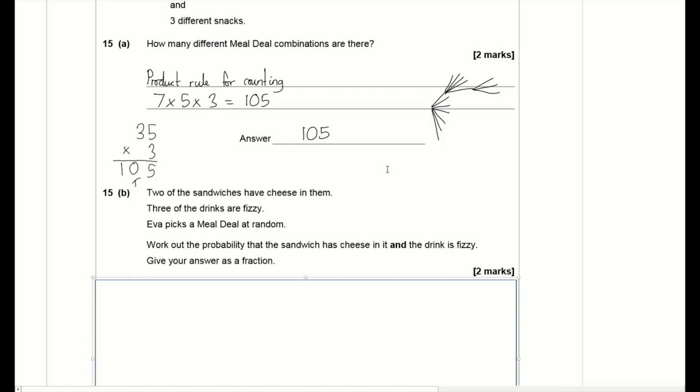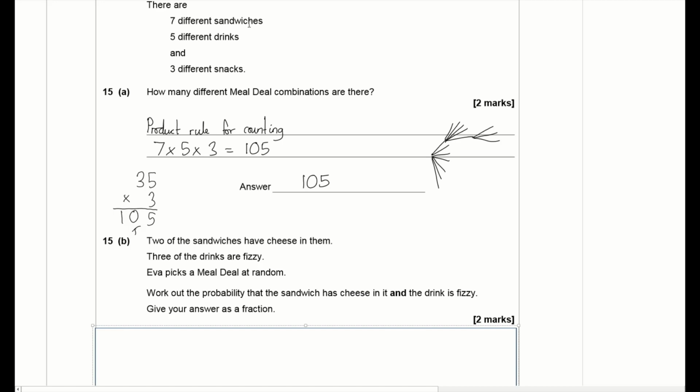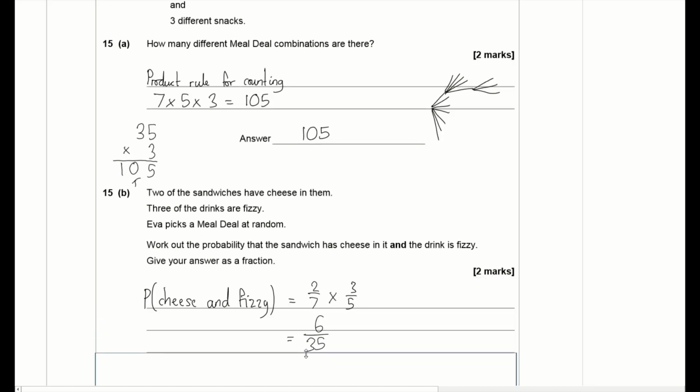This is about probability in succession, and all that really matters is the probability of picking a particular type of object at each selection. Now, the first object that you're picking is a sandwich that has cheese on it. We knew from before that there were 7 different sandwiches and that 2 of them have cheese on them. The probability of picking a cheese sandwich would therefore be 2/7.